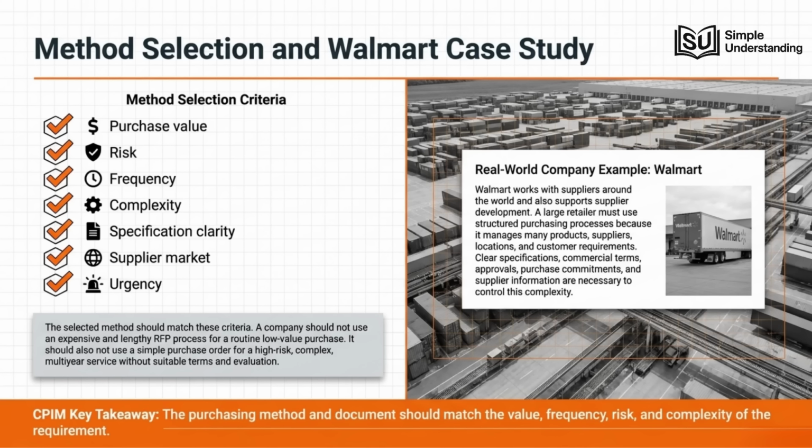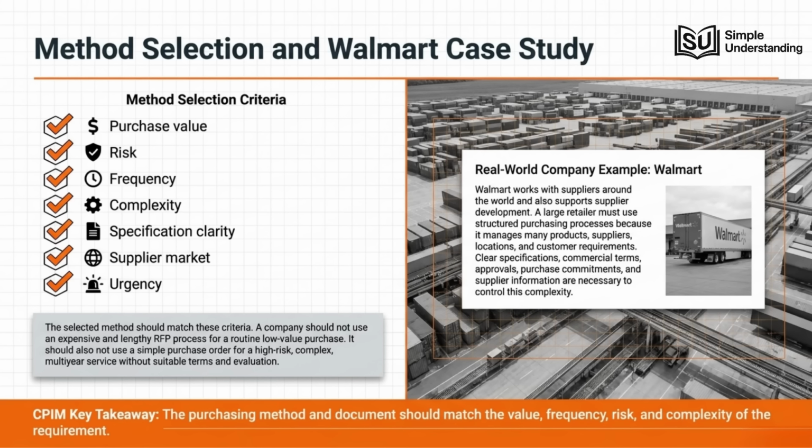The selected method should match purchase value, frequency, risk, complexity, specification clarity, supplier market, and urgency. A company should not use an expensive and lengthy RFP process for a routine low-value purchase. It should also not use a simple purchase order for a high-risk, complex, multi-year service without suitable terms and evaluation.